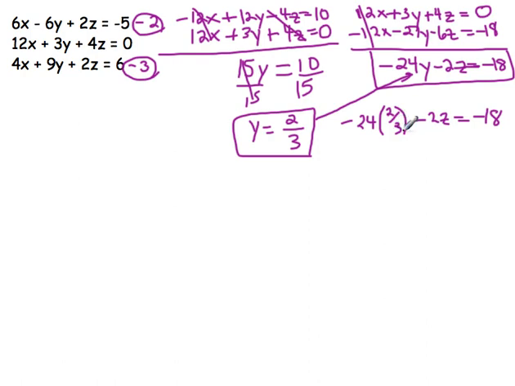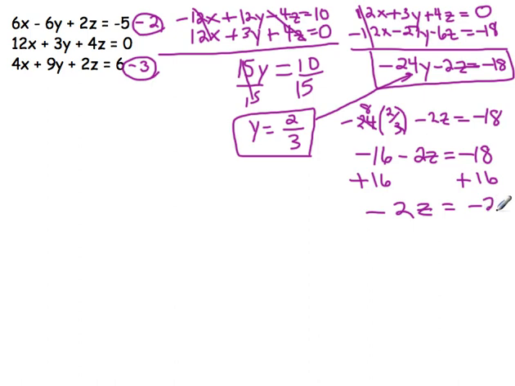Remember, 3 goes into 24 8 times. Negative 8 times 2 is going to be negative 16 minus 2z equals negative 18. Now we add 16 to both sides. That gives me negative 2z equals negative 2. Divide by negative 2. Z is 1.